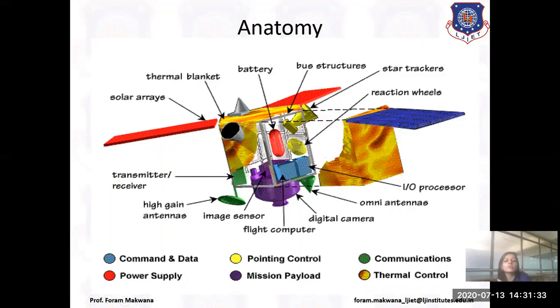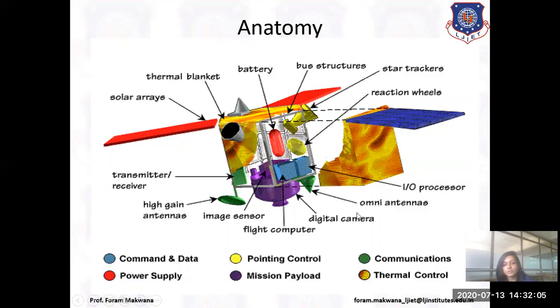Because we want to transmit a signal to a longer distance, it requires a higher gain so that our signal will travel to a longer distance with minimum loss. Because a signal traveling from space to the ground has to travel through different layers of atmosphere, it will cause attenuation and also degrade the signal quality. That's why we have to use a high gain antenna.